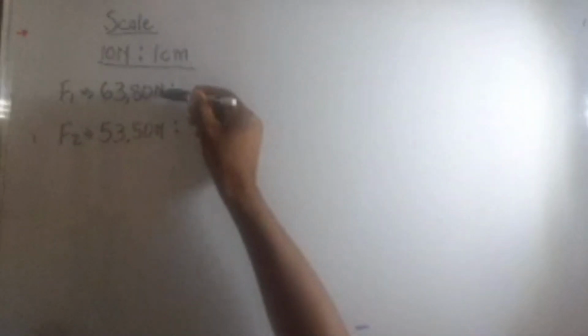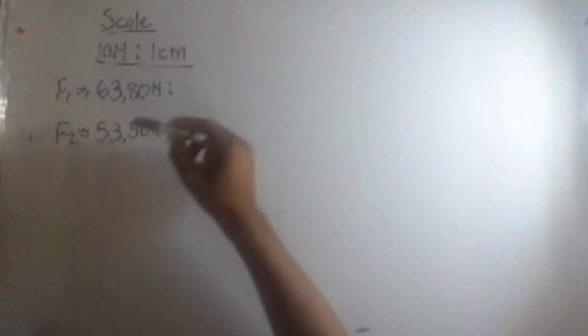So in drawing a closed vector diagram, we need first to have a scale. Now I'm going to take a scale of 10 newtons will be represented by 1 centimeter, because your ruler cannot draw vectors like 6380 newtons or 5350 newtons. So we need to reduce now these vectors into drawable single measured vectors.